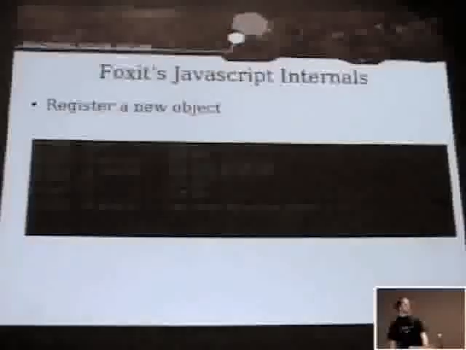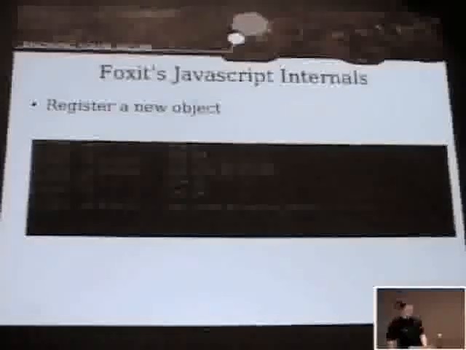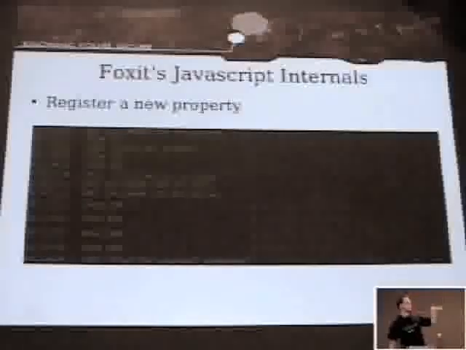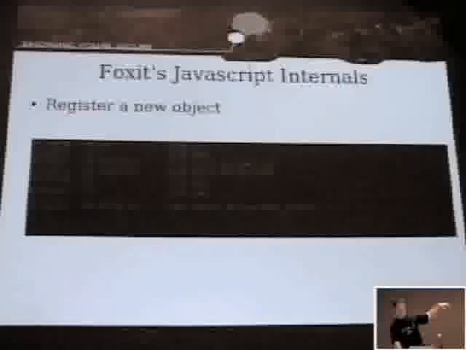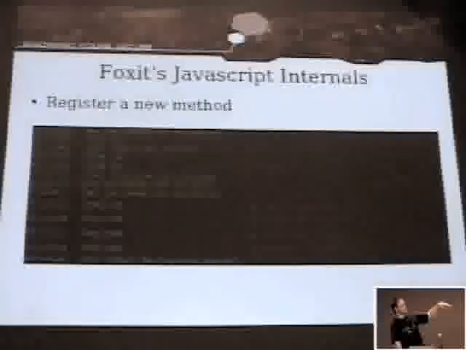Okay. Here we see how to register a new object. The last argument is the object name. How to register a new property: you have the setter function, the getter function, the property name, and the parent object. This parent object is the object identifier that we get here. So you first get an object identifier that you use here, and you use it here when you register a new method.